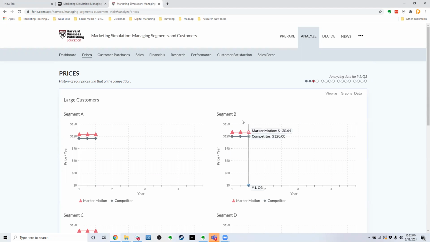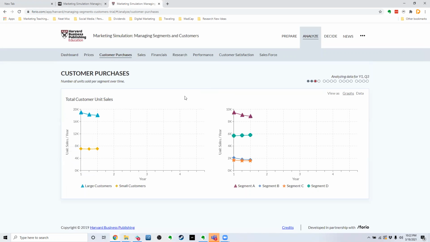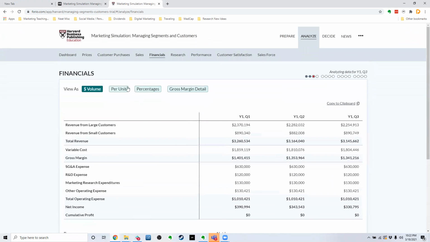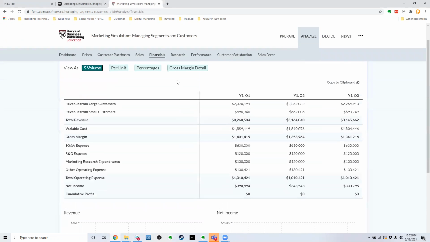During your practice rounds, take note as to what decisions your competitor makes based on decisions that you make. Okay, it'll be really helpful to you to know how your competitor reacts. Okay, customer purchases, just telling you each of the segments, sales, how much they're buying, financials is a financial report, which you can kind of, again, dig into on various levels.